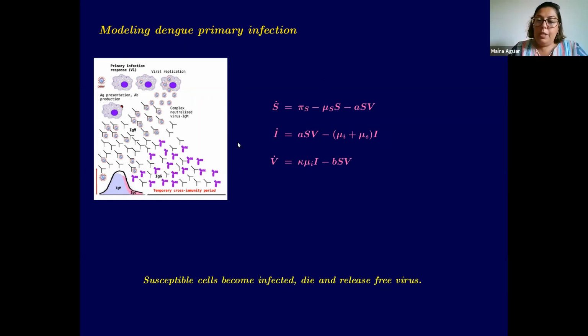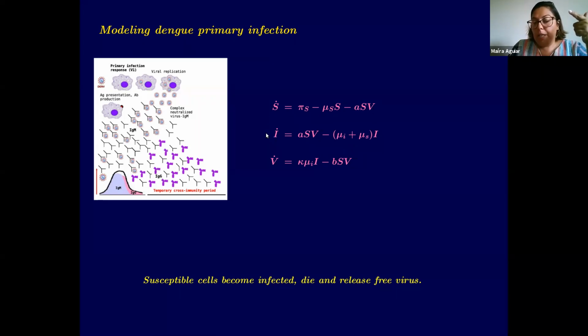These 3 equations here show basically that we have a constant input of target cells, and in this case would be macrophages and dendritic cells. These macrophages have a natural mortality, and they decrease by being infected with the virus, by meeting the virus, okay?